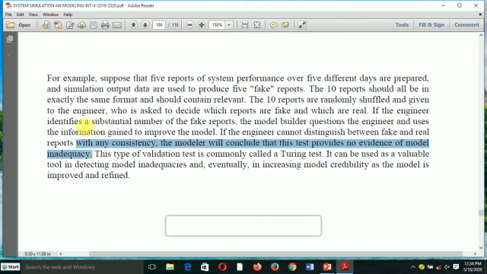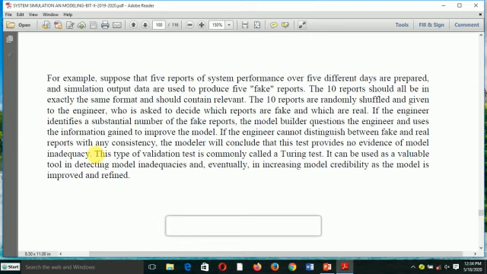So previously I talked about checking if the engineer is the correct one or is professional. Okay, you can use it to test the engineer also. But in this type of test, the objective is to check if the engineer can distinguish the fake ones and the real ones.